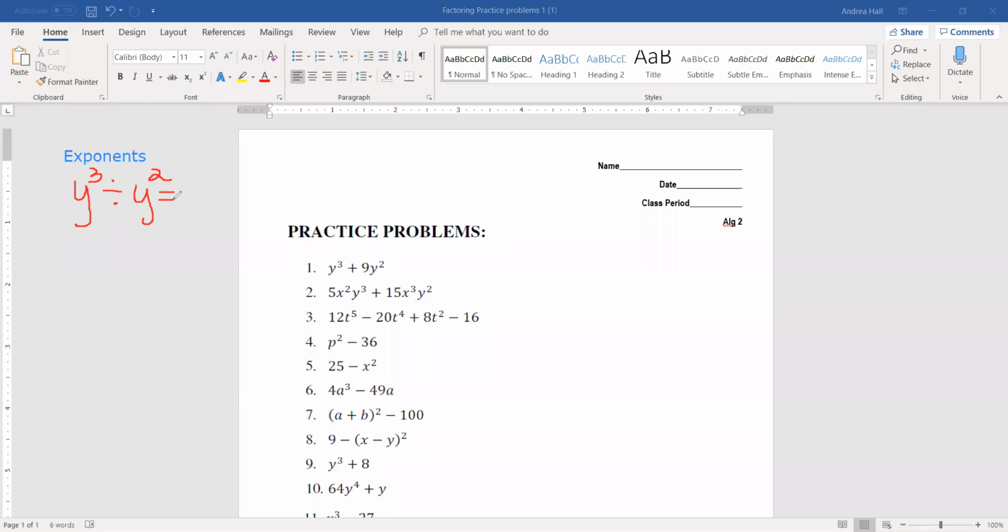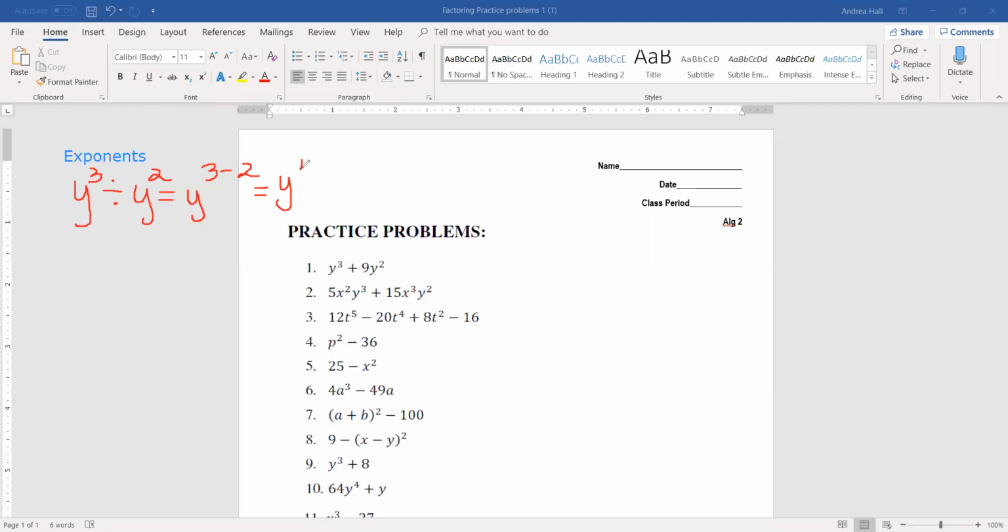I say y to the 3 minus 2, and I would get y to the first power.